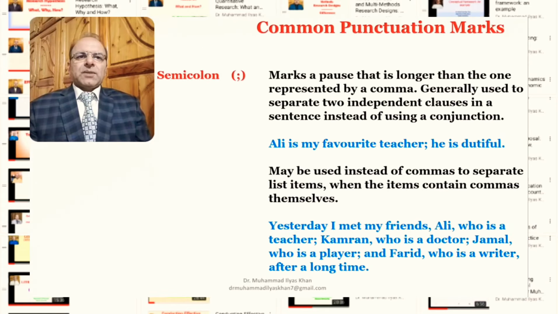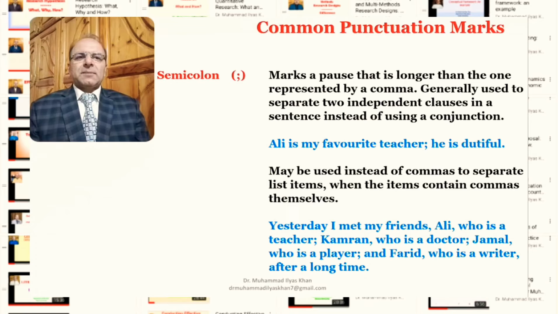Now, the use of semicolon, the other very important, commonly used punctuation mark is semicolon. Semicolon marks a pause that is longer than the one represented by a comma. Generally, it is used to separate two independent clauses in a sentence instead of using a conjunction.